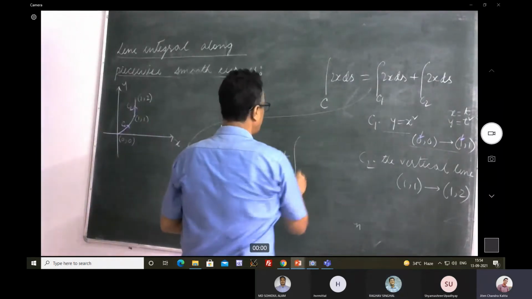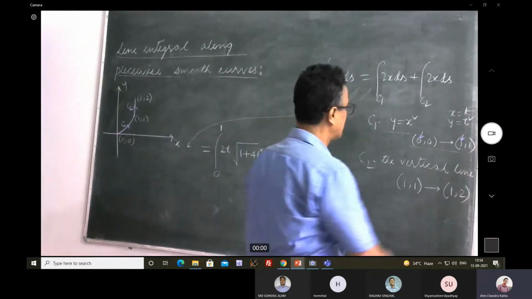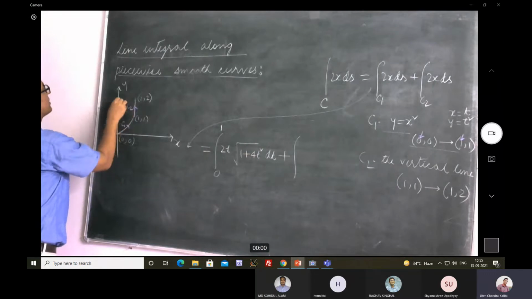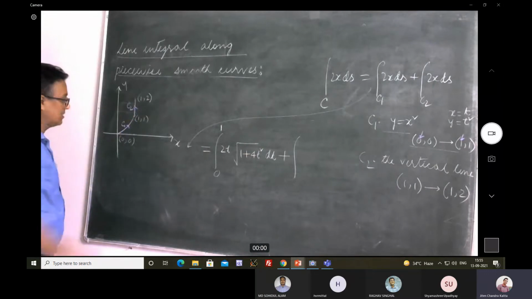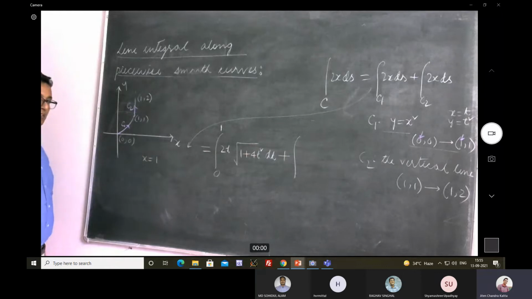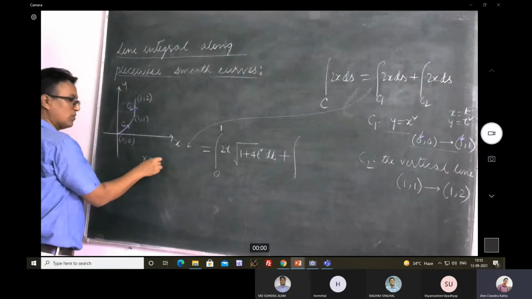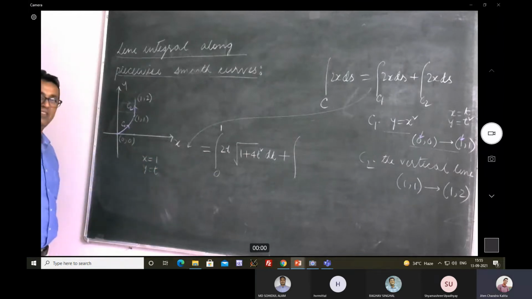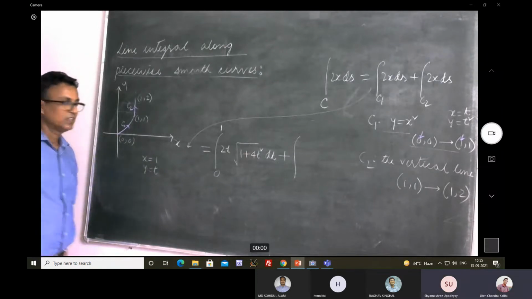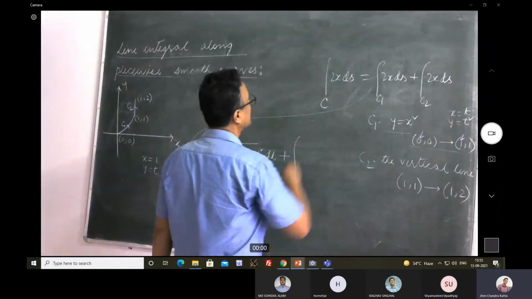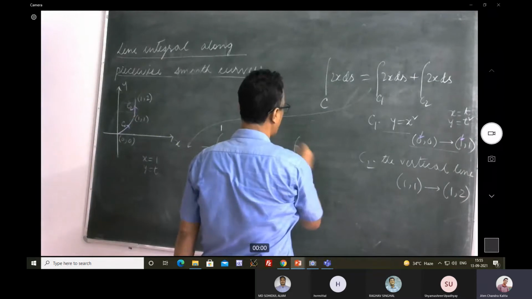Now in the second integral, you can see that x is fixed. Along this line, x is simply equal to 1. So we are going to use x equal to 1, y equal to t as my parameterization. Then 2x is going to be 2 into 1.